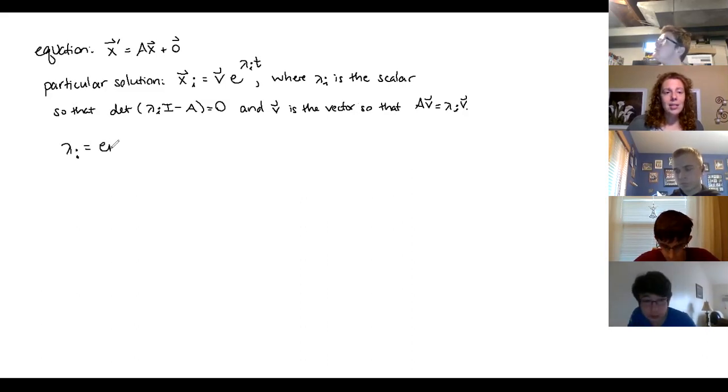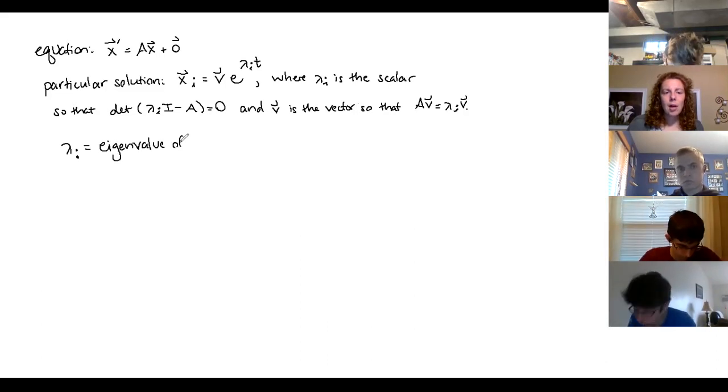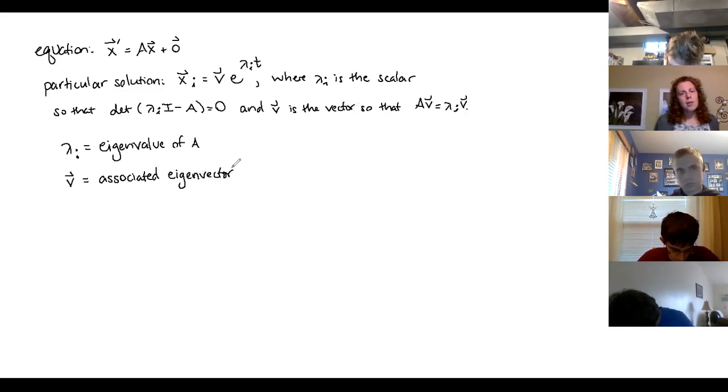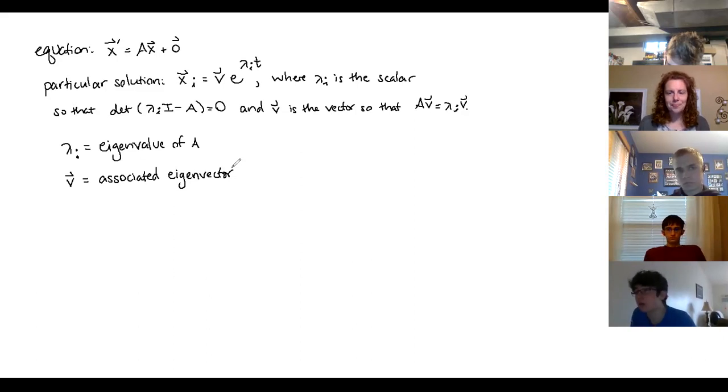Lambda I is called an eigenvalue of the matrix A. So that's what lambda I is called. That's German, eigenvalue. And vector v is the associated eigenvector. Okay, so we've got an eigenvalue and an associated eigenvector.